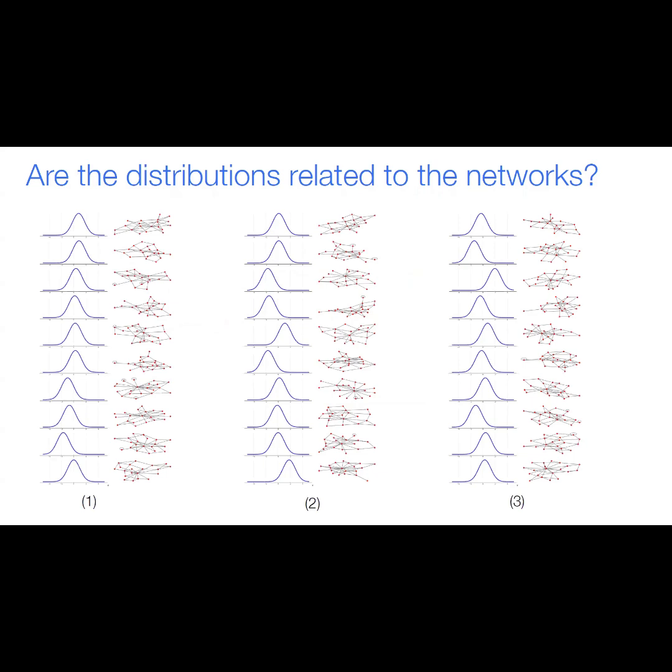In one out of these three situations, the distributions are not independent of the networks, but in the two others, they are independent. And I'm going to take a poll to see how many of you can identify which is the correct one. So how many of you think it's number one, where the distributions are dependent on the networks?